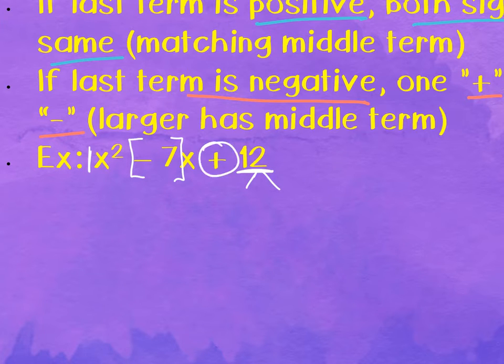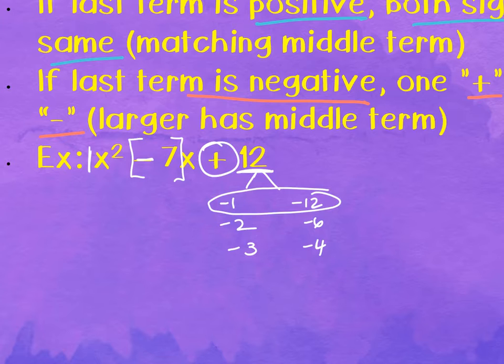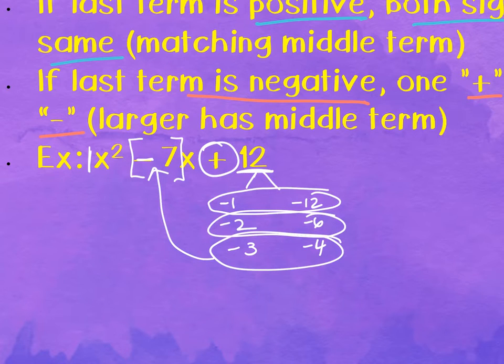Now, if this is positive and this is negative, they both have to be negative. So if I don't catch it right away, I go through all the factors of positive 12. It would be negative 1, negative 12, negative 2, negative 6, negative 3, negative 4. Then I want to see which of these sums matches my middle term. And that's the negative 3, negative 4.